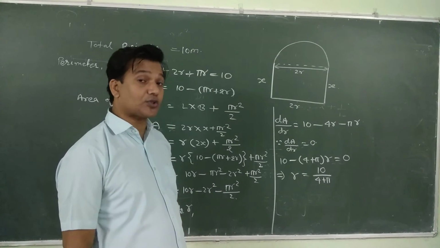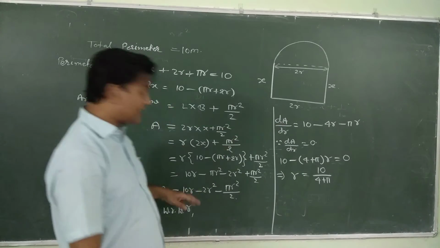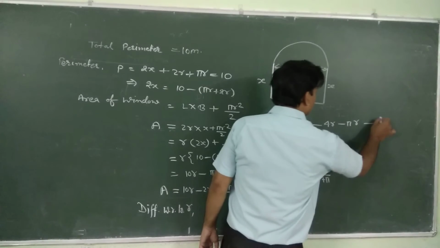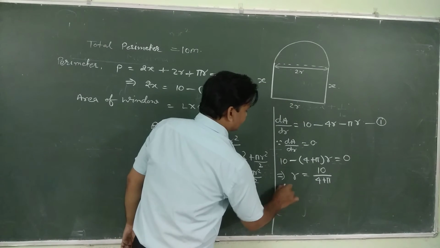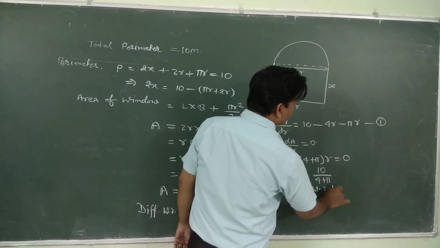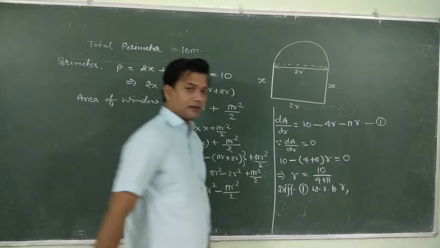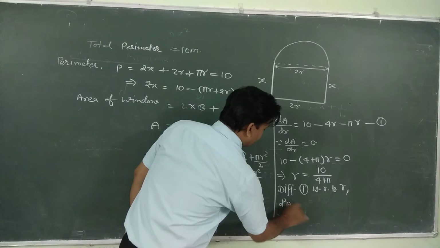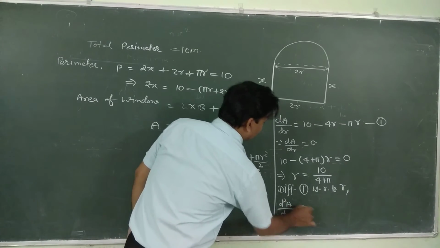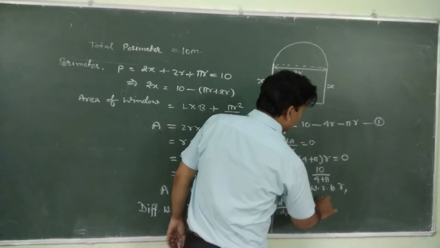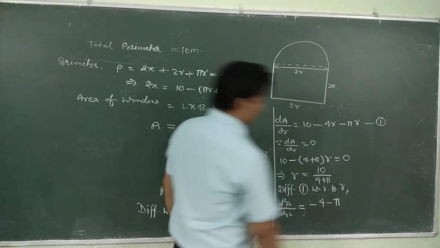And now we want to show that this area is maximum. For that, differentiating with respect to r again, d2A by dr2 is 0, minus 4 and minus pi.